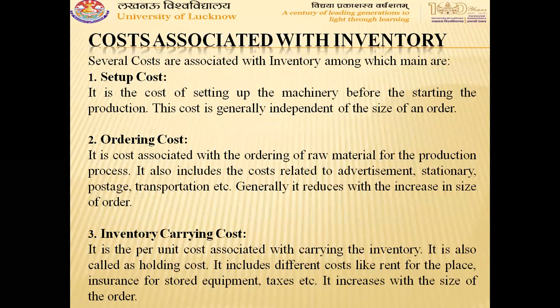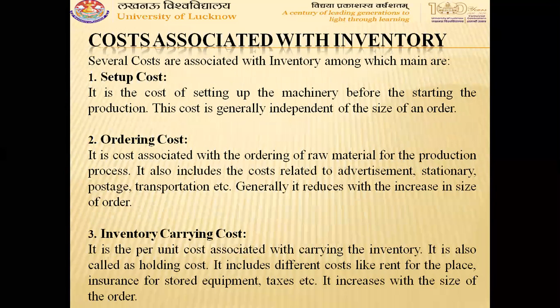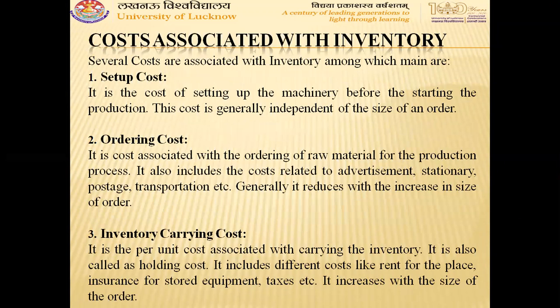Now, costs associated with inventory. There are several costs which affect the inventory, among which the main ones are: number one, setup cost. It is the cost of setting up the machinery before the starting of production.